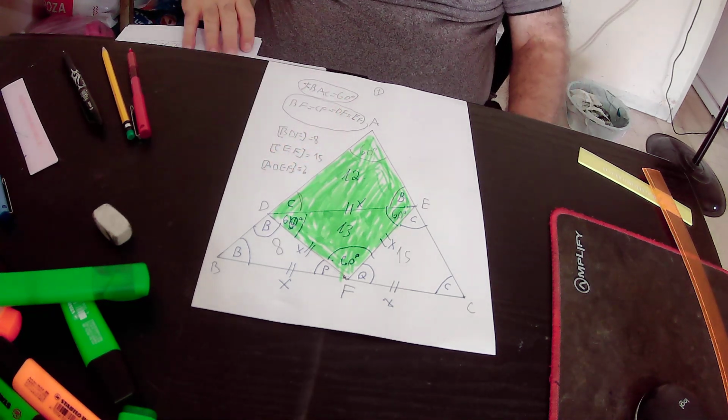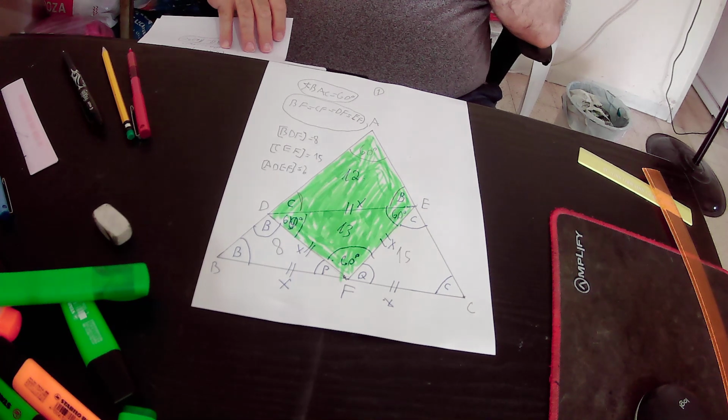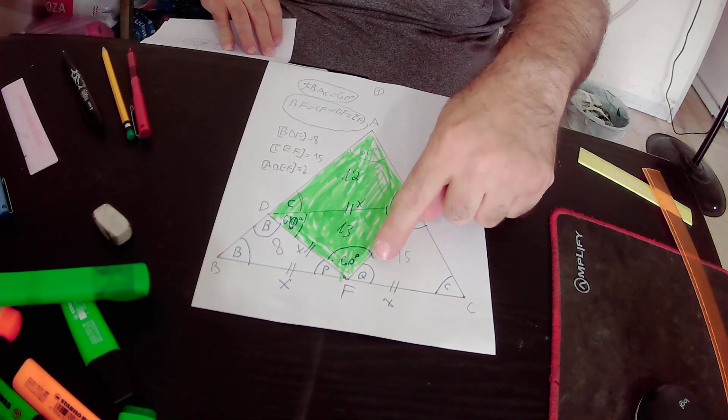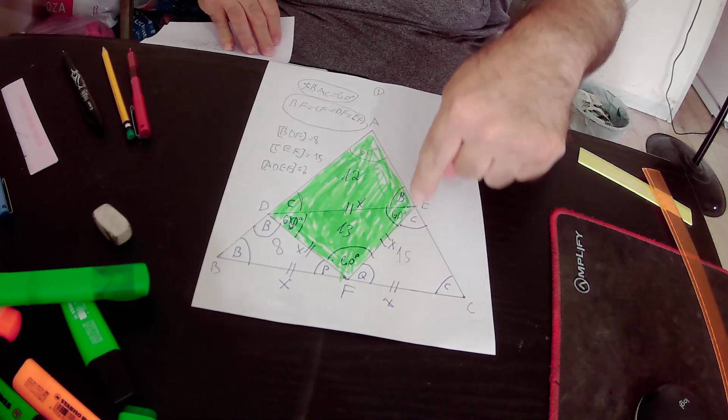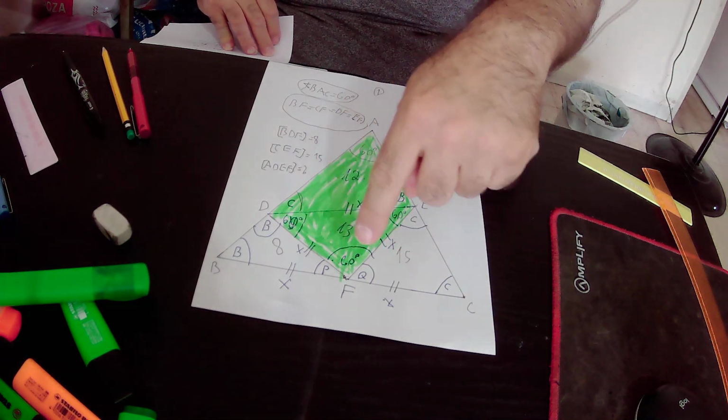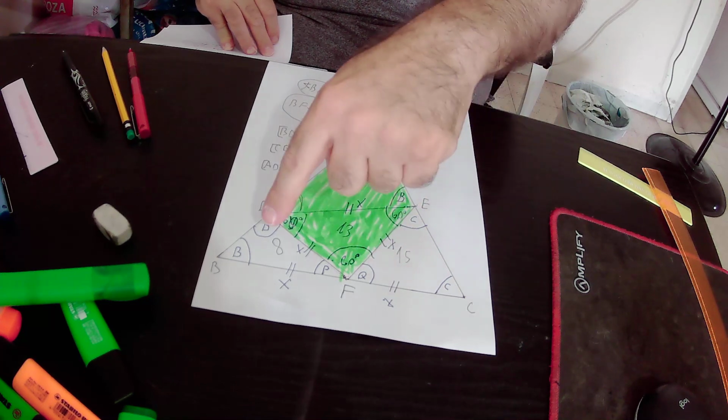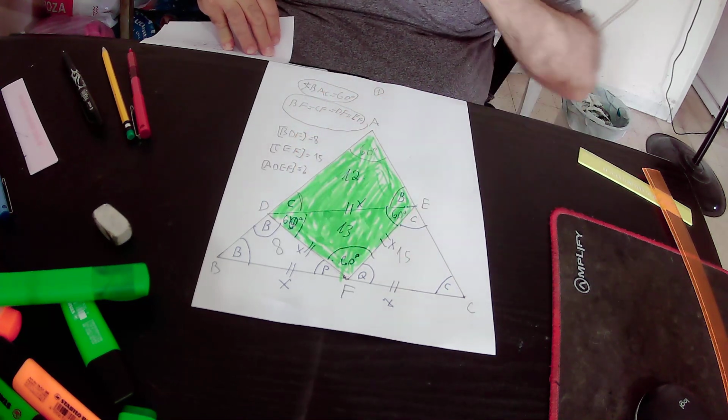And if this side equals x, then all other sides equal x, and all the sides here are equal to x.